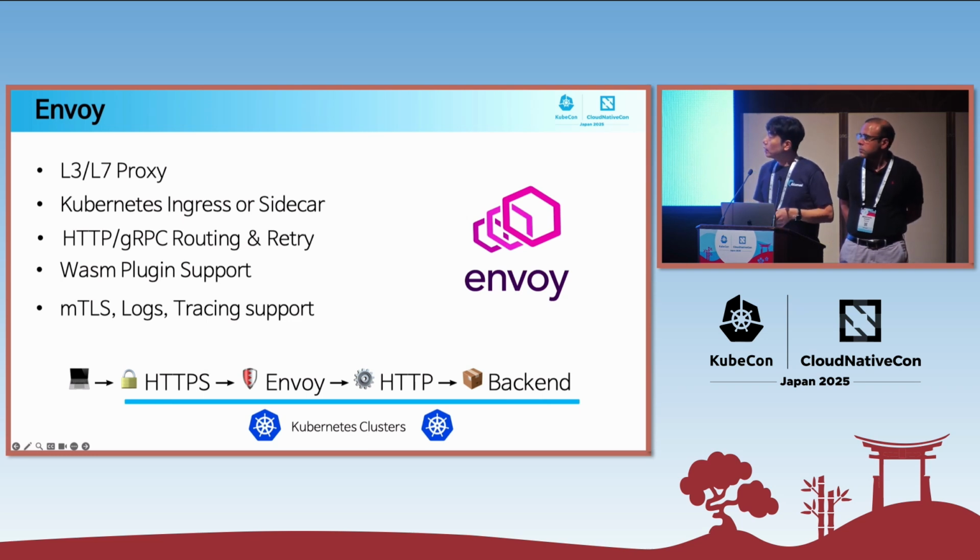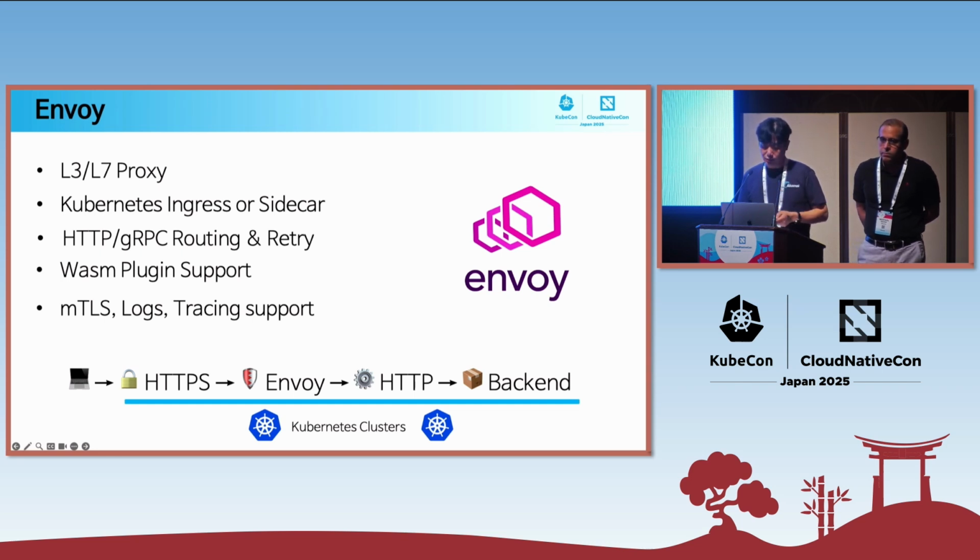We can add more complex logic like mutual TLS, log analysis, and tracing support in addition to the Envoy proxy. In the general architecture, you can have the TLS secret on your Envoy proxy as a deployment, and you can have the TLS termination there. Finally, they will access your Kubernetes backend, your application logic, which can be in the same Kubernetes cluster.